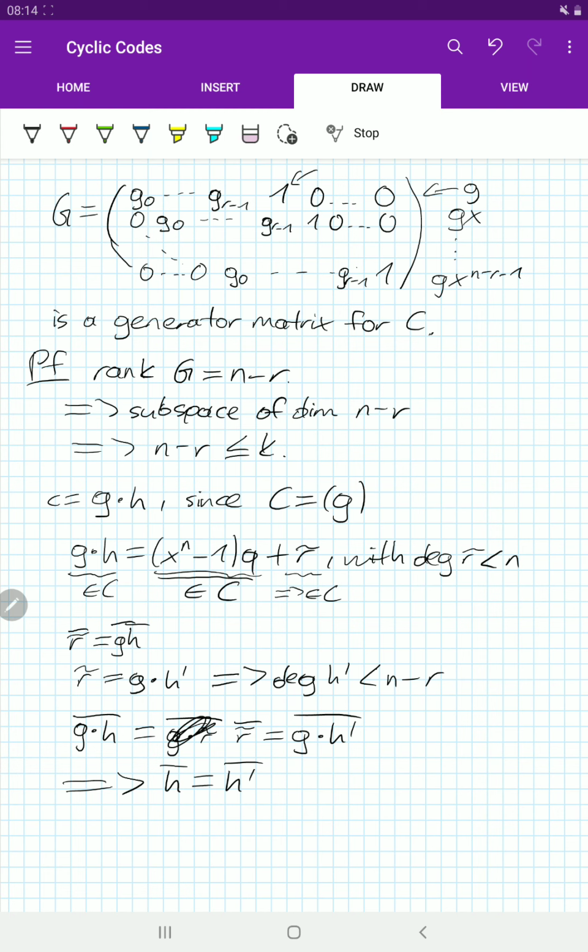So we get a representative of degree less than n minus r.